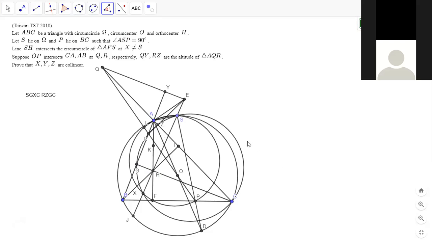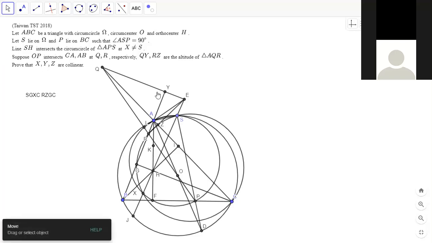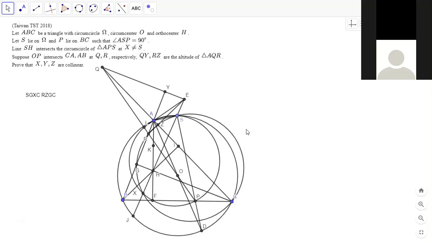So do you want me to delete SZRGCX? So what can't be true? Are you saying that's not cyclic? Oh yeah. Is JE perpendicular to QY? I'm not sure.